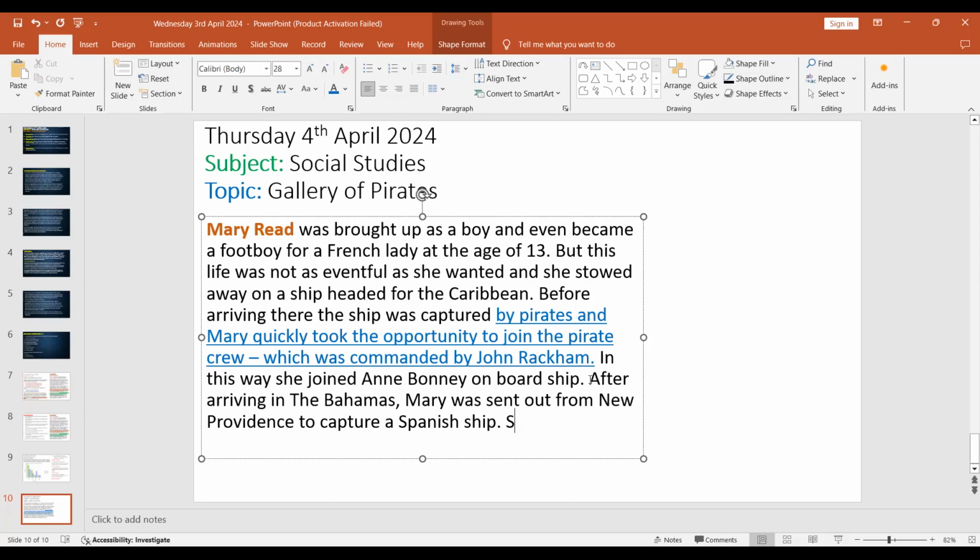She did this legally as a privateer. So remember, privateers were those persons who were authorized by a particular entity to legally go out and capture ships.